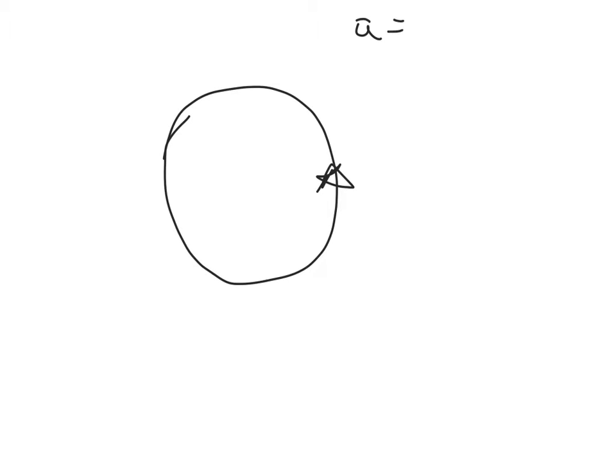We had acceleration, which was v squared over r, and net force, which was mv squared over r. So really just two here.